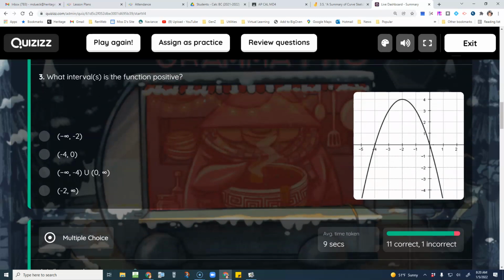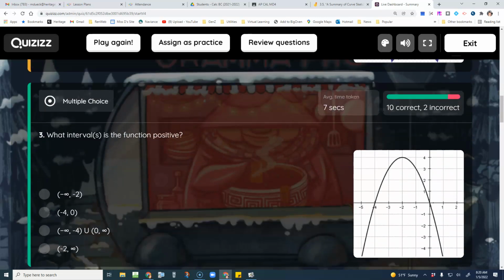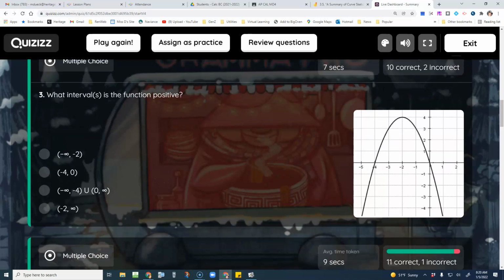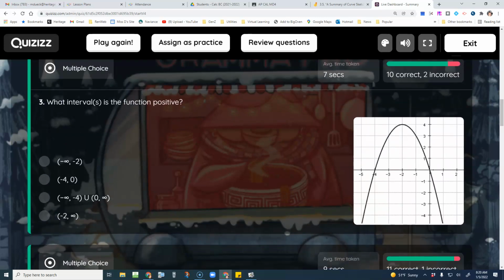Anybody miss this one? Oh, most of you got it right. Interesting. What did it mean by positive? The function positive, not the derivatives, but the function. Actually, no, it's not where it's going up. A positive derivative indicates the function's going up, increasing, right?